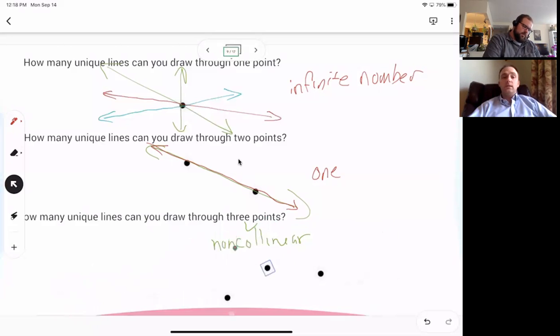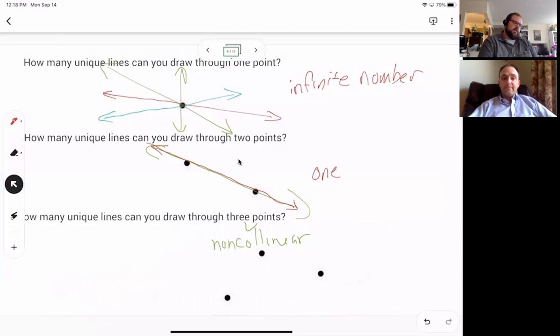Oh, cool. So I'm going to put that in a non-collinear place now. So collinear is points along the same line. Non-collinear would be points not on the same line. And if we have 3 non-collinear points, that means that there are 0 lines that we can draw through all 3 at the same time.